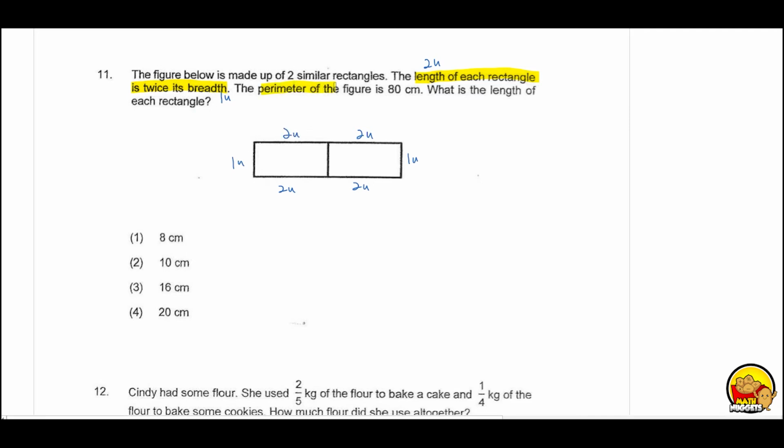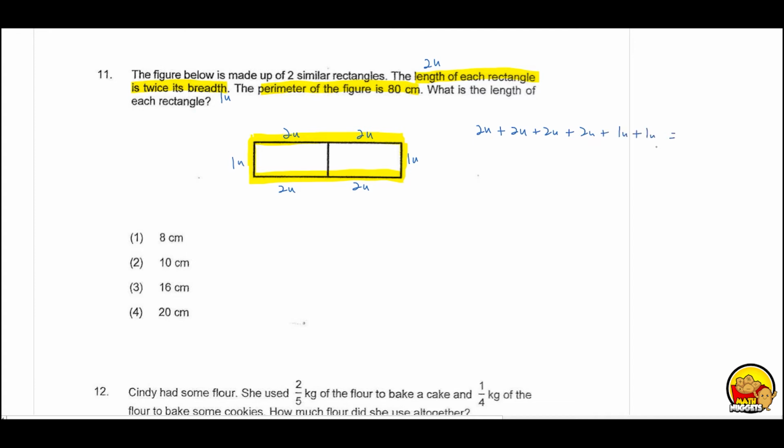And they tell us that the perimeter is 80, meaning this, this, and this adds up to 80. And that's how many units? That's a total of 2u plus 2u plus 2u plus 2u plus 1u plus 1u.